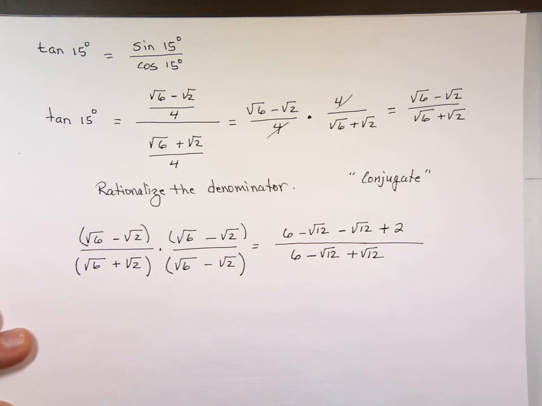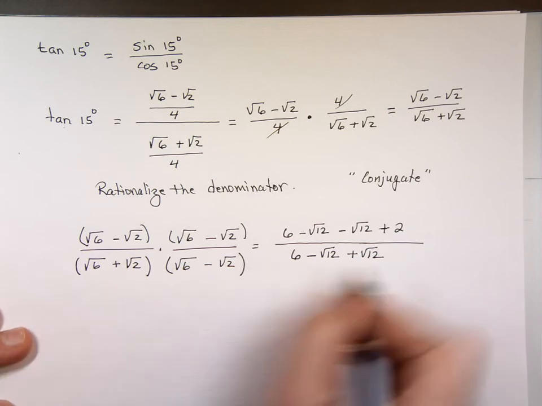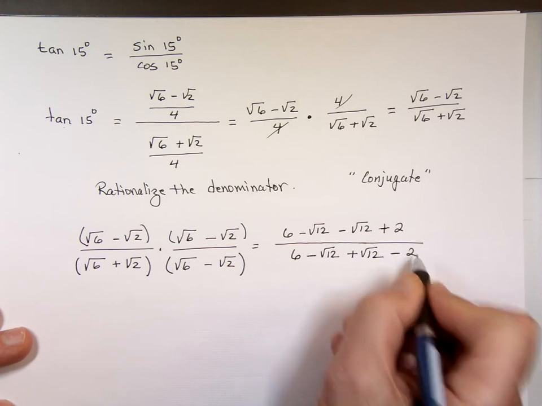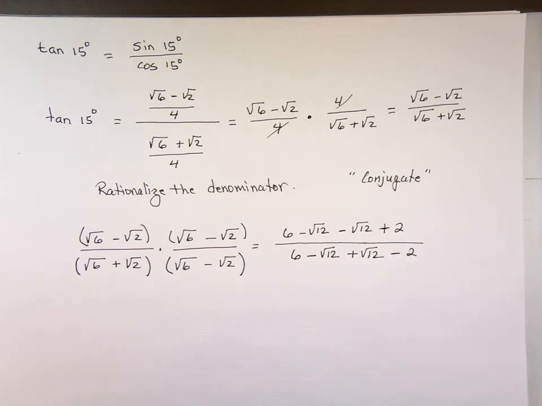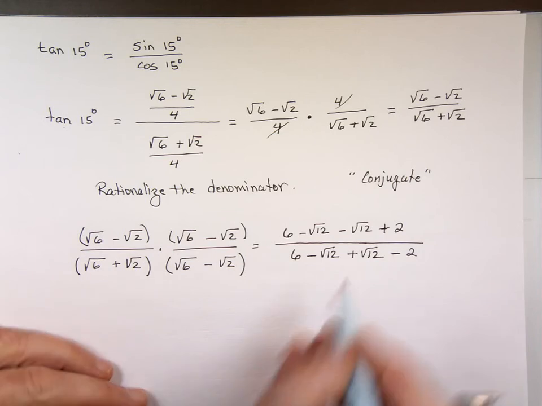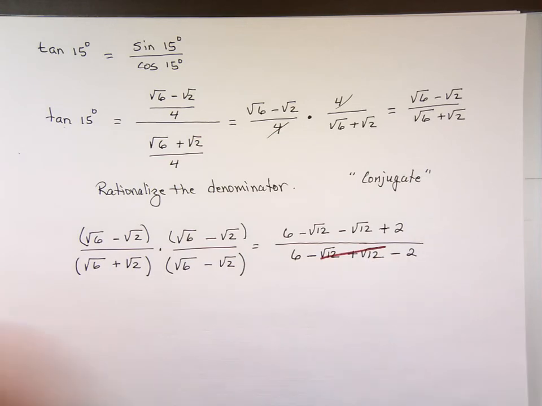And the last one will be minus the 2. The reason we switch signs is so these two will cancel each other out. You can see one is negative, one is positive. That's why we switch the sign. If you don't switch the sign, you'll have plus and plus, and you never get rid of the square root in the bottom. 6 minus 2 is 4, so the bottom is 4.